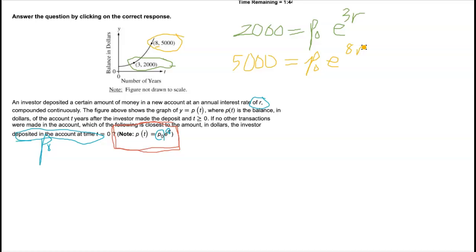Right? Well, remember, two variables, two unknowns. Do what you want. Eliminate. You could solve for P0 and substitute it in and get the R. You could solve for R in one equation, substitute it in, and get the P0, right? They want the P0. Remember, that was the question.